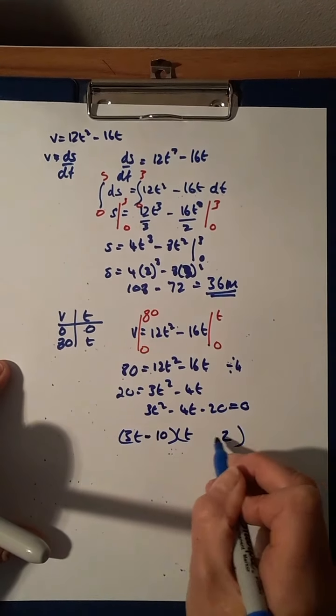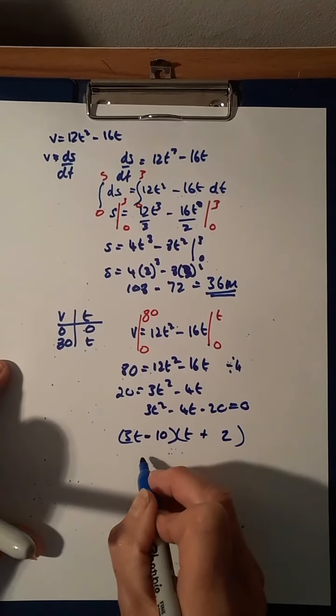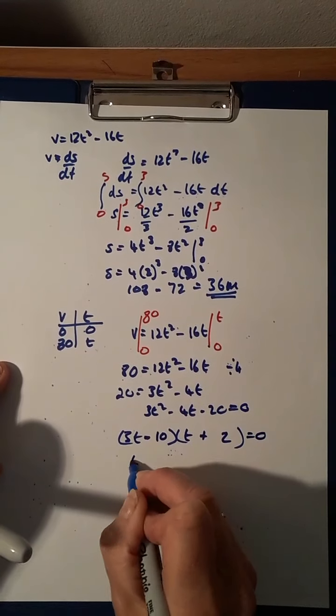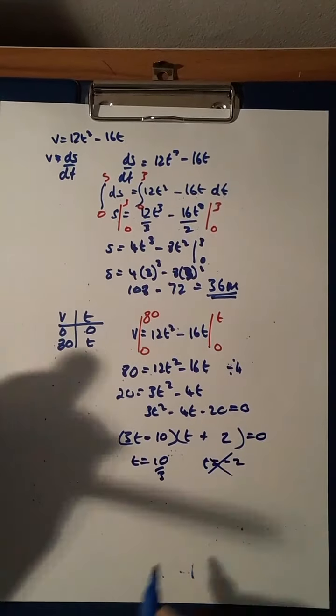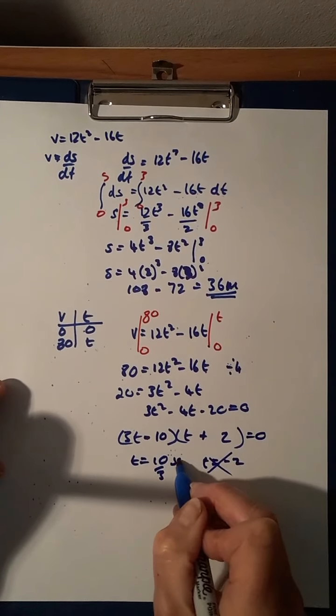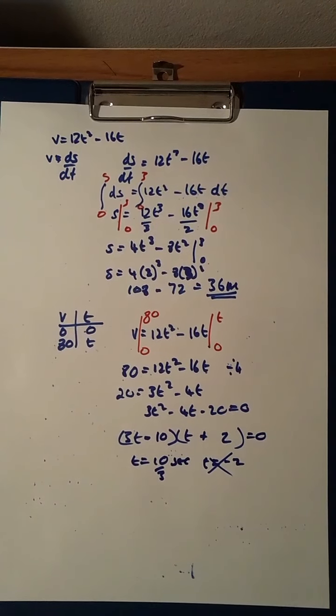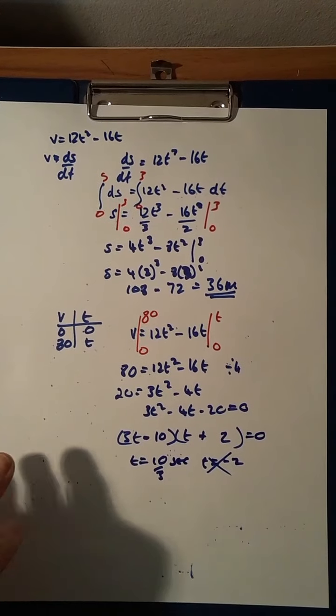This of course will be minus and that will be plus. So when I put that equal to 0, I get t is equal to 10 over 3, or t is equal to minus 2. Of course it can't be this one, so my time is 10 over 3 seconds. Okay, so that's part B.